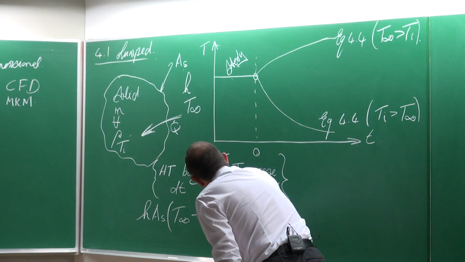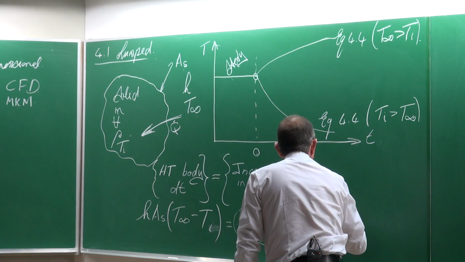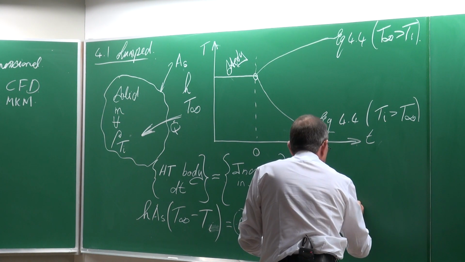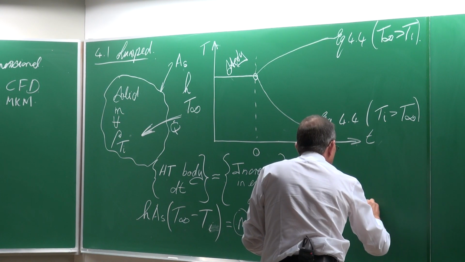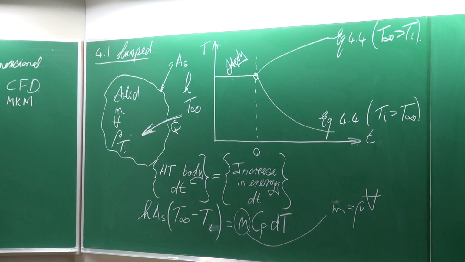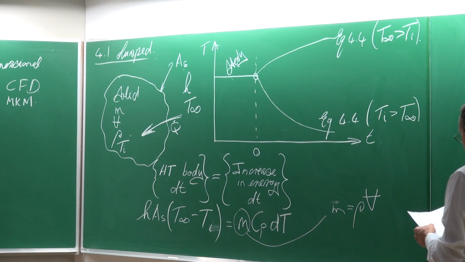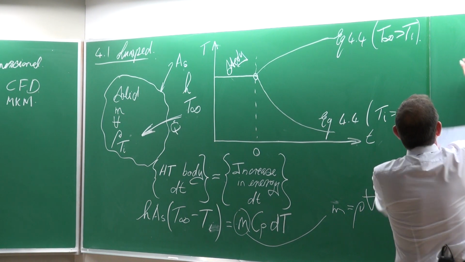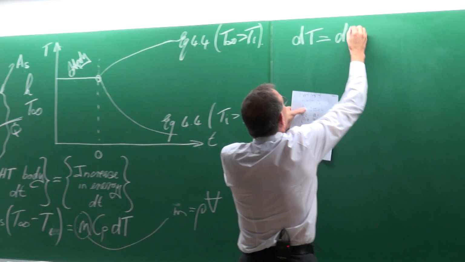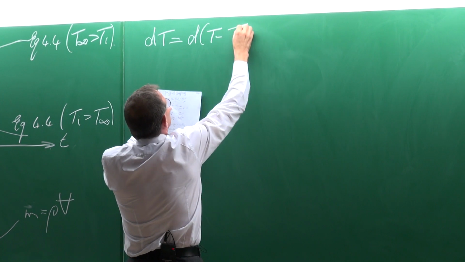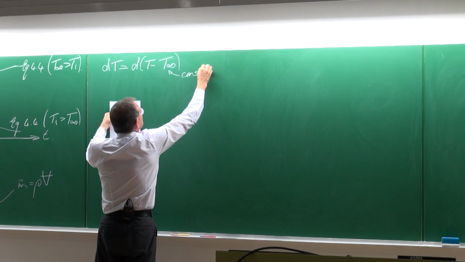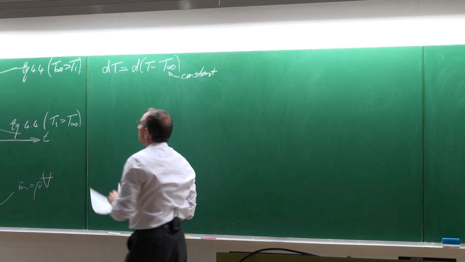Now, if we look at the mass, it can be written as rho multiplied by the volume, the density multiplied by the volume, and dT we can write as d(T minus T infinity), because that value is considered to be a constant.